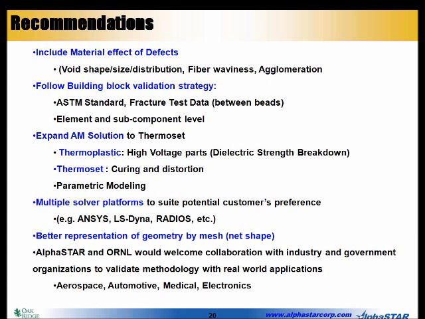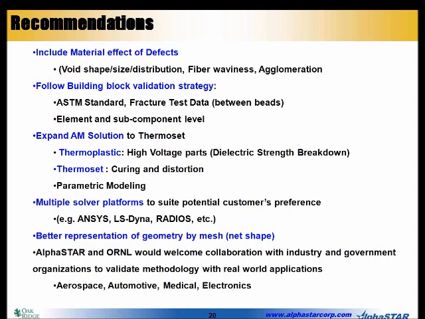There is still a lot to do. Like Vladimir already mentioned, this is just a 4-month effort. We are very much dedicated to get this methodology to the next level and start the full validation. And we prefer to start the building block validation strategy, where we start off with ASTM standard tests on the coupon level, and we increase the complexity all the way up to the full-scale analysis and test level.